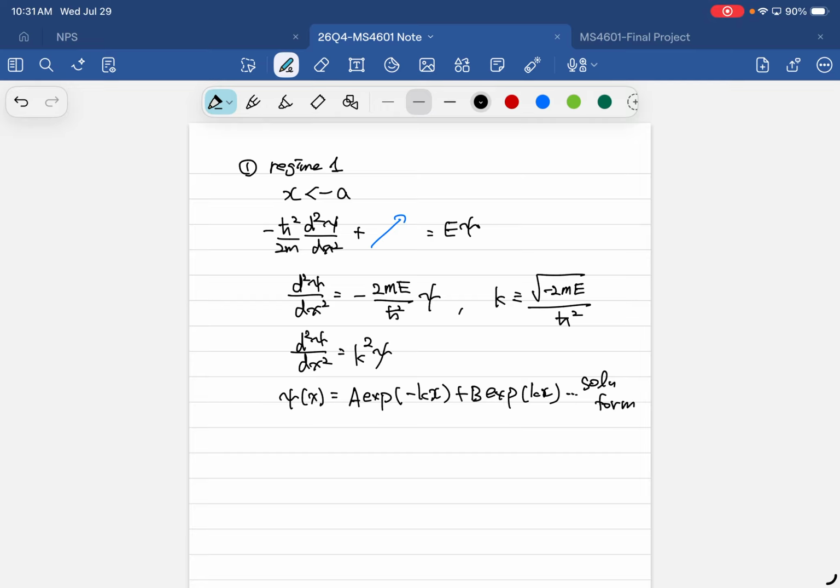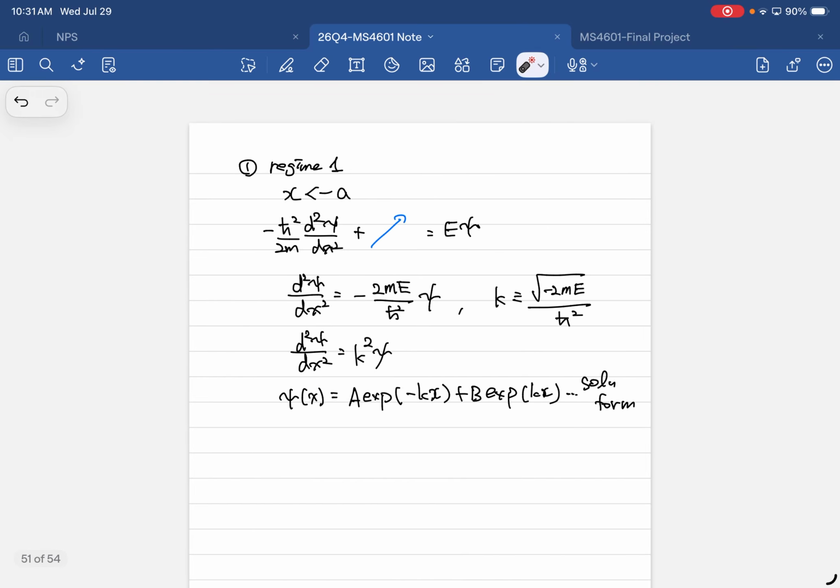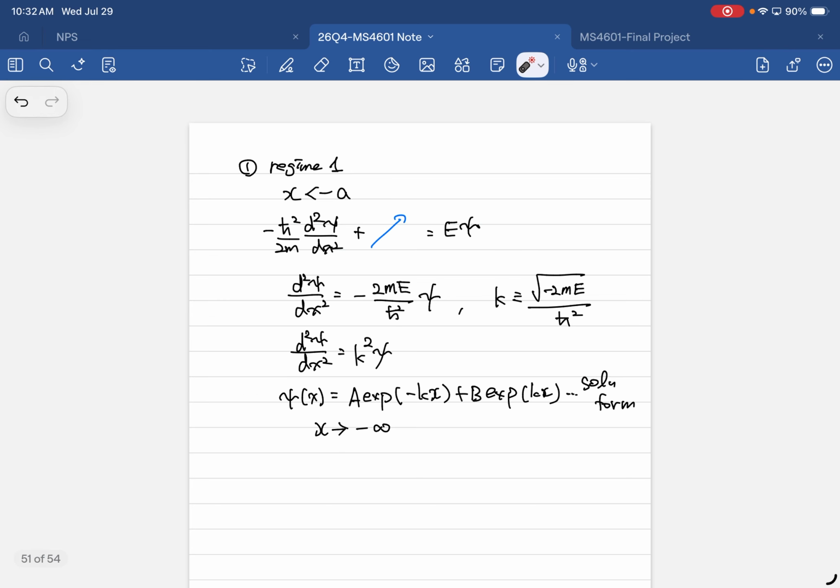When we look at this regime, let's look at when x goes to negative infinity, because we are essentially covering the whole regime here.